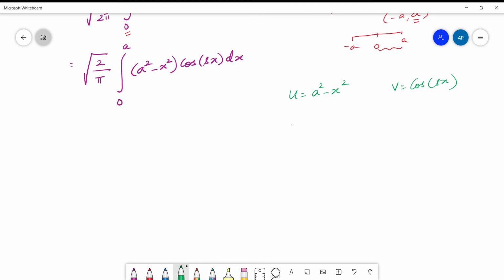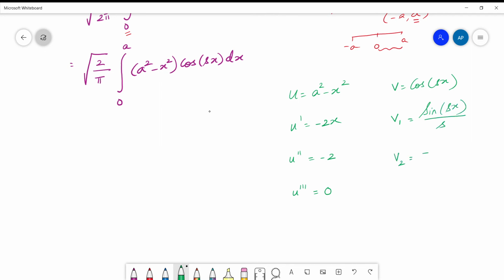Now therefore what will u dash become? Minus 2x, u double dash will be minus 2, u triple dash will be 0, and therefore we shall integrate v until v3. So what do you get here? Integral of cos of sx is sine of sx by s.